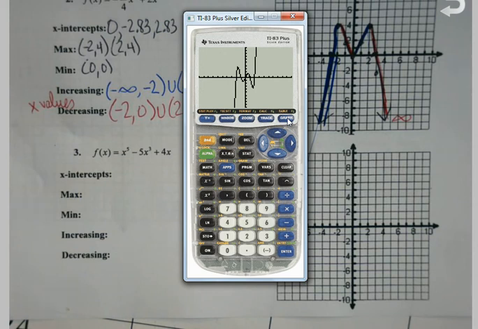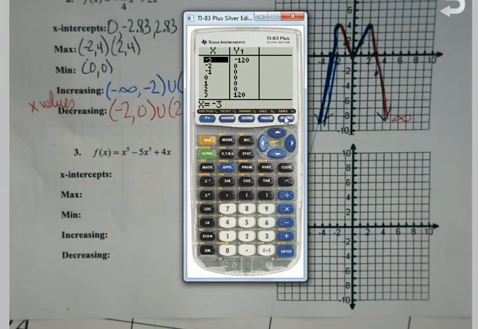Now, a couple of things I notice. 2 maximums, 2 minimums, and 1, 2, 3, 4, 5 x-intercepts. Now, before you panic and go, this is going to take me an hour to do, let's bring up the chart and see what happens.